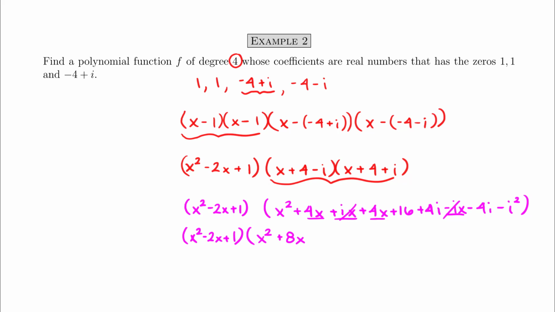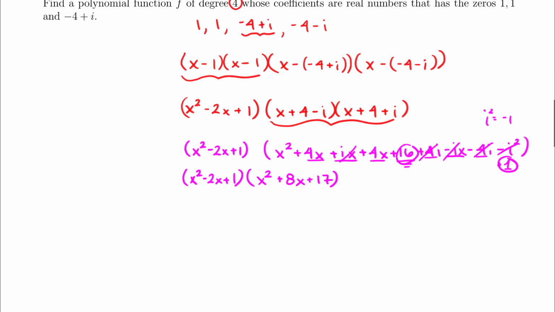I have a positive 4i and a negative 4i. They also cancel. And then I have this 16 and this negative i squared. Now, if you recall, i squared is equal to negative 1. So this is minus a negative 1, so we can rewrite this as plus 1. So 16 plus 1 gives me 17.